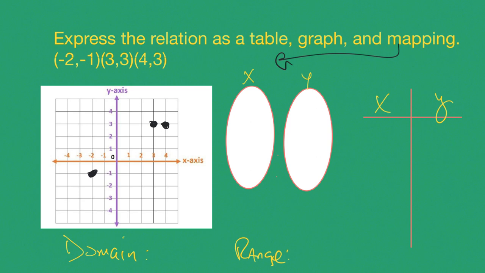In this oval right here, we're going to list the x values. What are the x values? -2, 3, and 4. List those in there just like that. X values on the left: -2, 3, and 4.